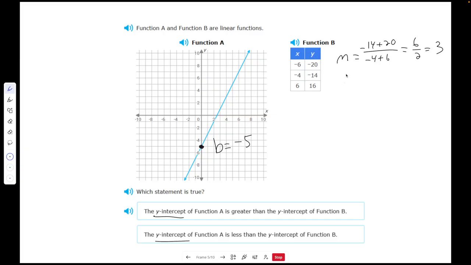Then we need to use y equals mx plus b. We need to plug in 3 for the slope, and we need to pick an x and y. You can pick anything off the list that they gave you, anything from this table. So I'll do the first one. So we got negative 20 equals 3 parentheses.